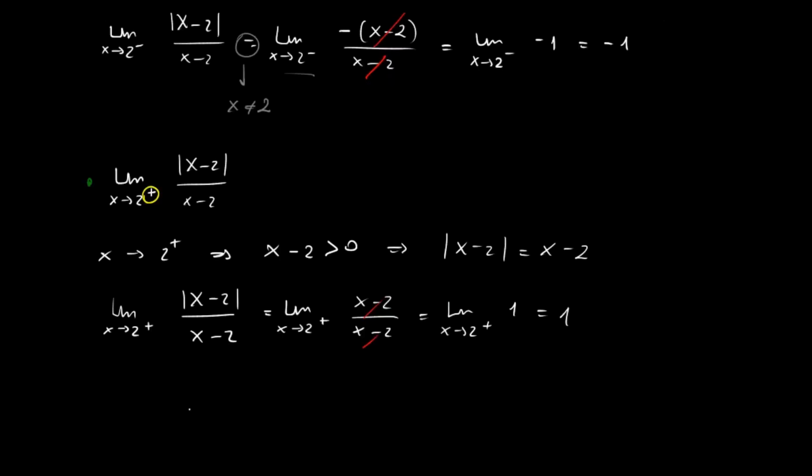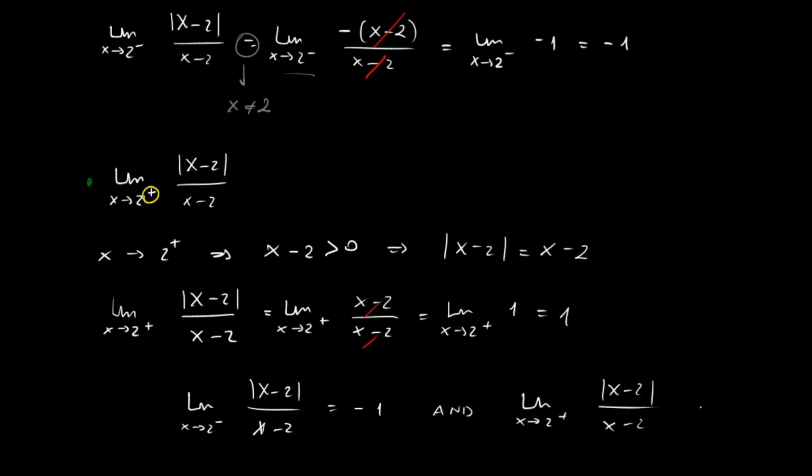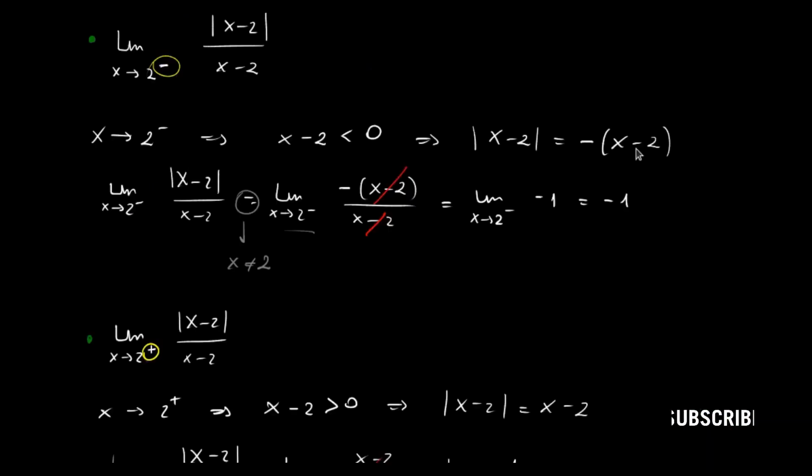So then with these two last examples, we have that the limit when x tends to 2 from the left of the absolute value of x minus 2 divided by x minus 2 is equal to minus 1. And the limit when x tends to 2 from the right of the same function is equal to 1. So we have two different one-sided limits.